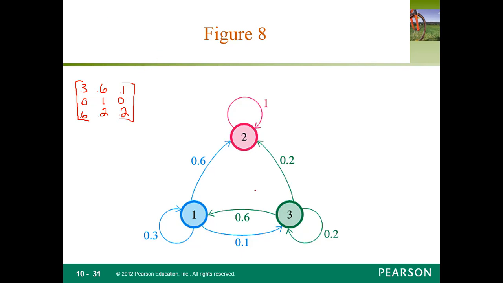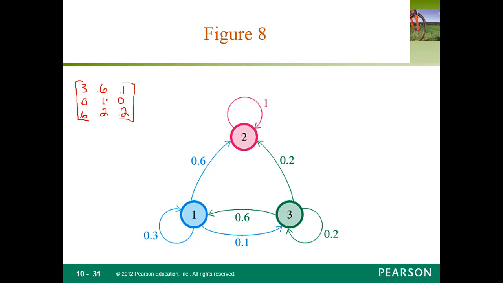Looking at all these states, you've got a percentage of times it's going to come back, and a percentage of times going out to either 1 or 2. But as soon as you enter state 2, there's nothing coming out. So 2 is an absorbing state. You go from state 1 to state 2 with a probability of 0.6, but once you get into state 2, you're done.